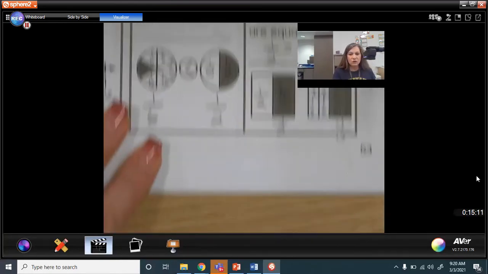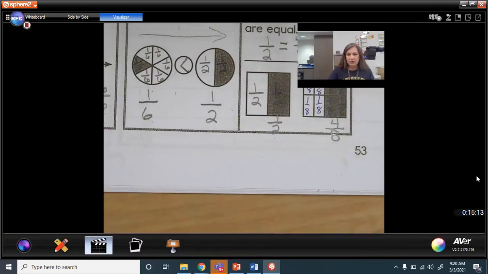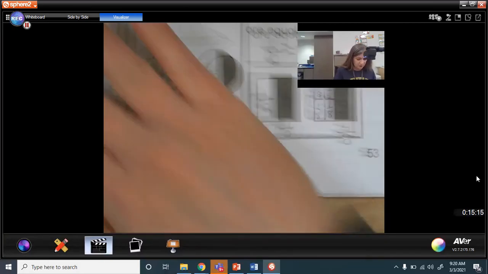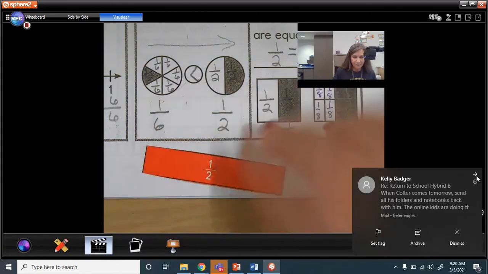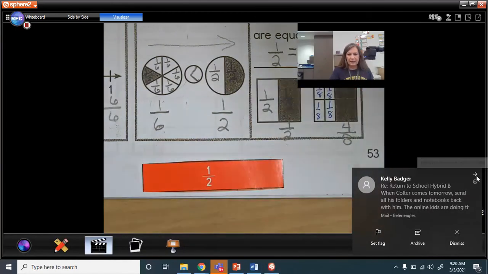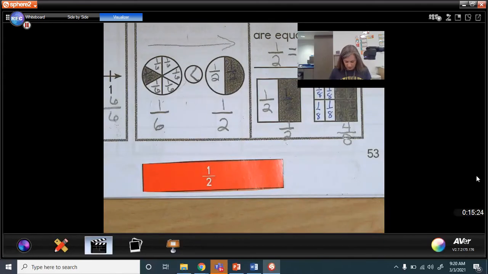And I can also model this by using my fraction strips. So I can take this 1/2 and I can take my 8ths, and those are going to be my turquoise pieces, right?